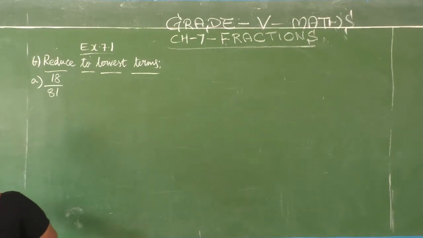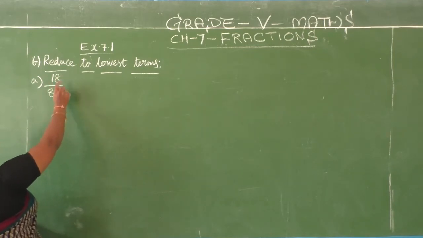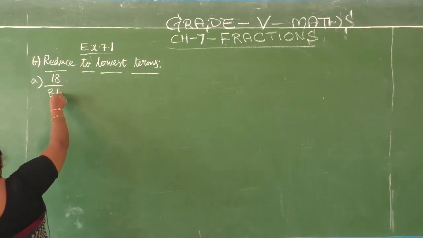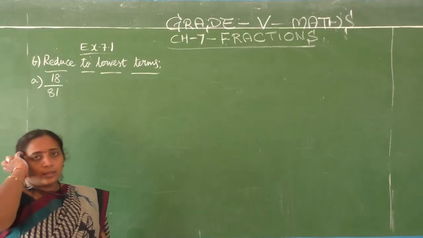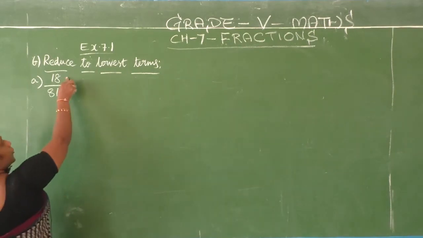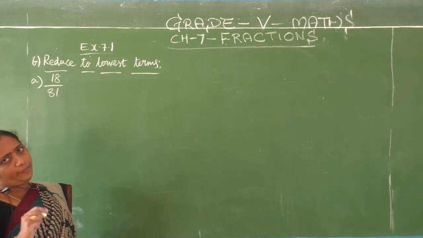What you have to do for the lowest terms is divide the numerator and denominator by the common factors. Lowest form means you have to divide the numerator and denominator by the common factors.